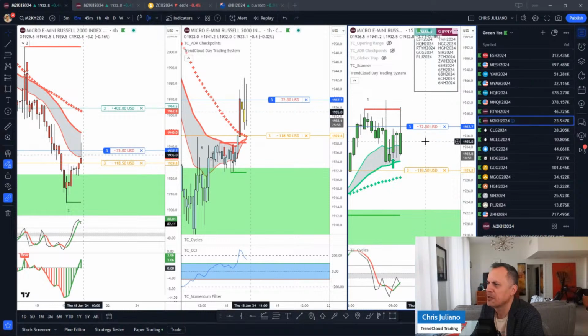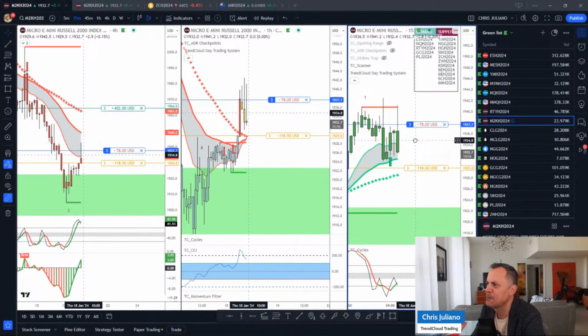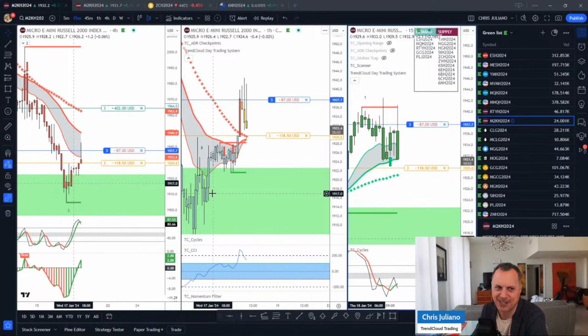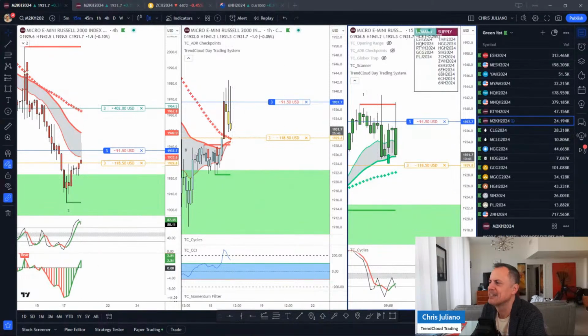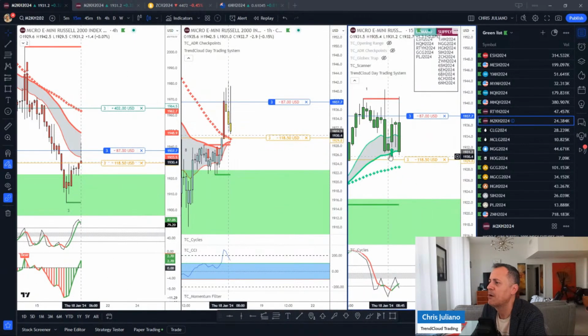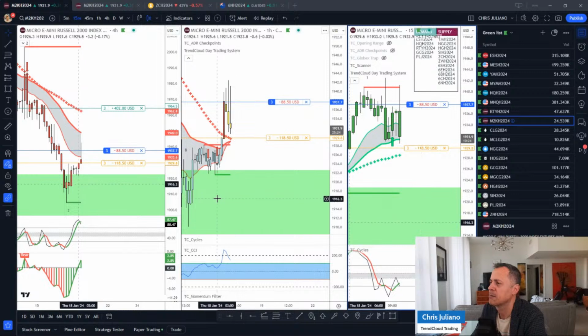Okay, so the Kazi score system is pretty solid. It is solid. 7 out of 10. And look at that rejection off of that 4 hour, right? Look at that rejection off of that 4 hour and pulling back greatly. Now we're below that candle that got us in, and we're hanging on by a thread there, okay?